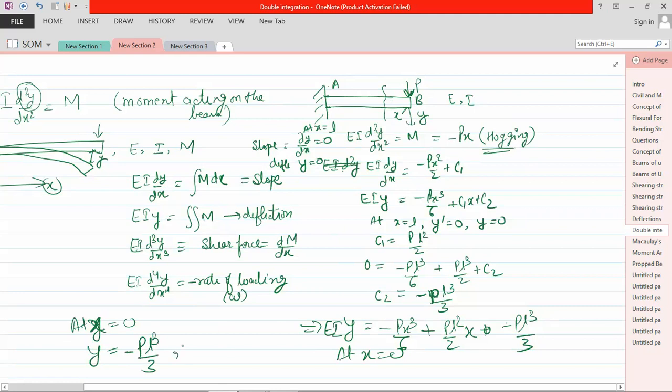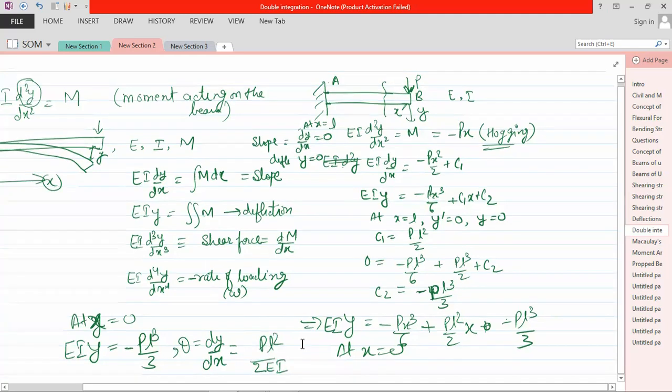And what is the slope? Slope is equal to dy by dx. If we put x equal to 0 in the equation of the slope, then constant C1 will remain and it will be PL square by 2 EI.